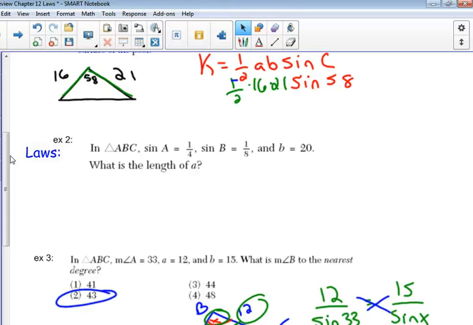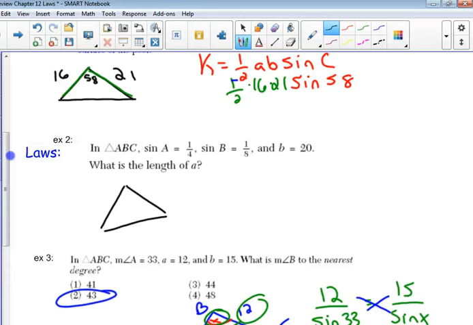So with this problem, if you guys started to draw your triangle, A, B, and C, well, I don't know what A is. I know that little b is 20. I don't know little a. How would we do this? Anybody have an idea? You can't use SOHCAHTOA or a squared plus b squared equals c squared because that's only if you have a right triangle.